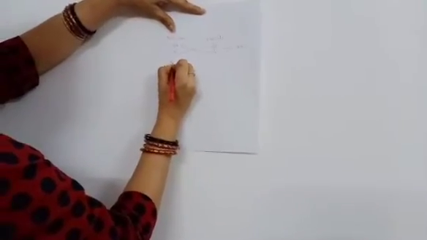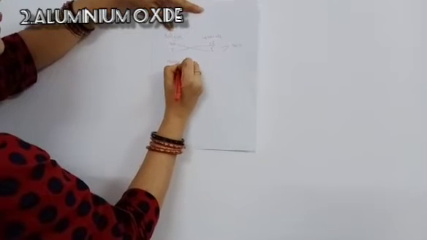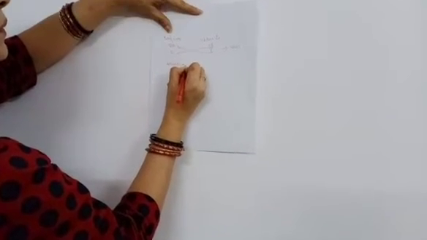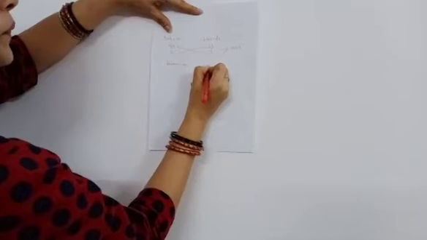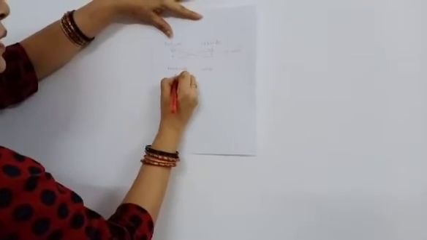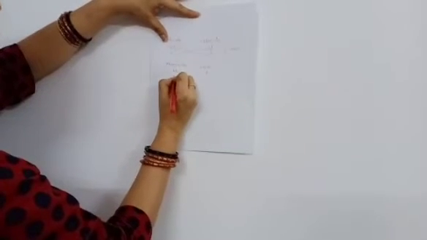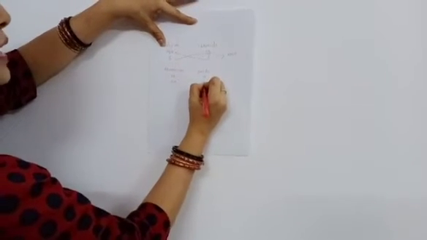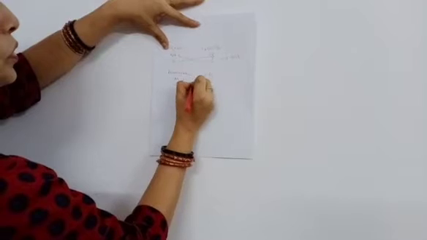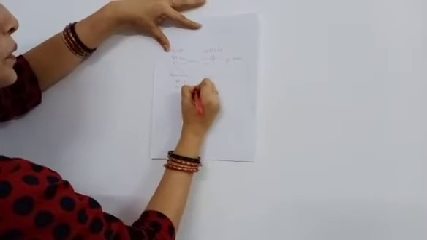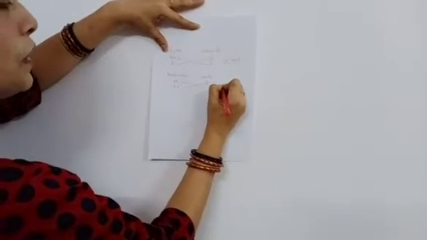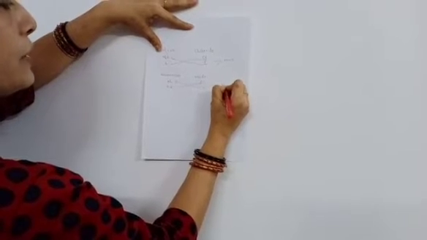Next comes the formula of aluminium oxide. So aluminium is Al, oxide is O. Aluminium charge plus 3, this is minus 2. So formula is Al2O3.